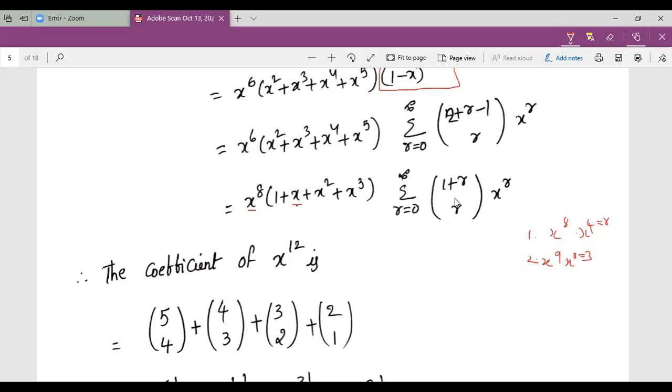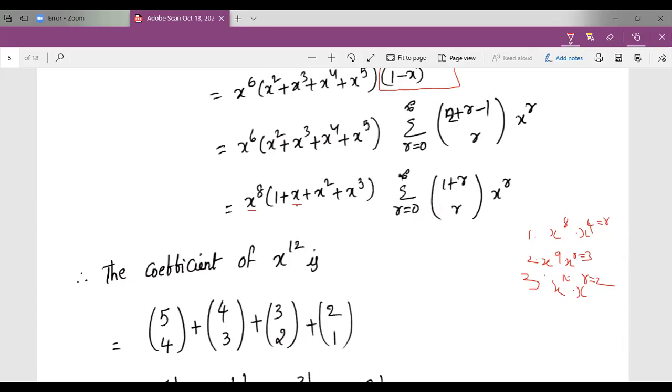So (1 plus 3) C 3, that is 4C3, plus in the third case x power 8 into x square, so x power 10, we have to take r equal to 2, which gives total x power 12. In this case we get (1 plus 2) C 2, that is 3C2.